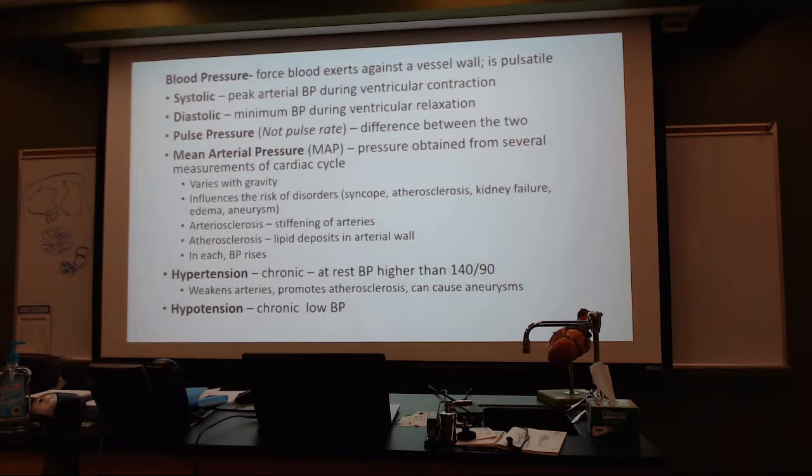Sometimes you don't always get it from the arm. It's just a little bit of math. For example, if you had 120/80, the difference between them is 40. So your pulse pressure would be 40 millimeters of mercury. That's all it is, just some simple math.